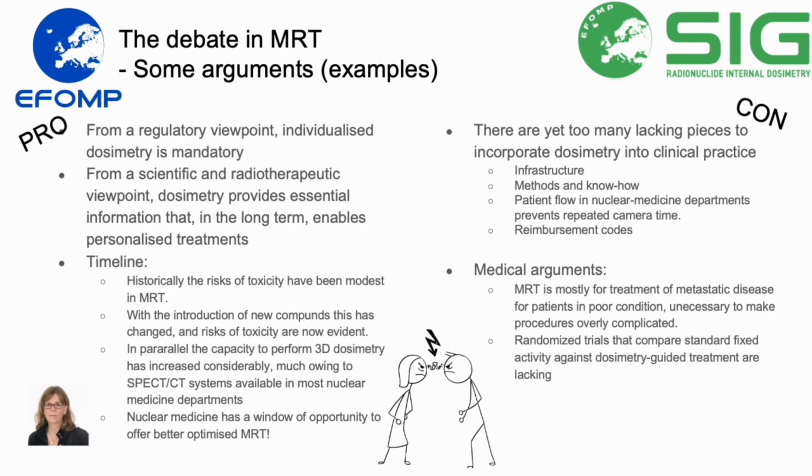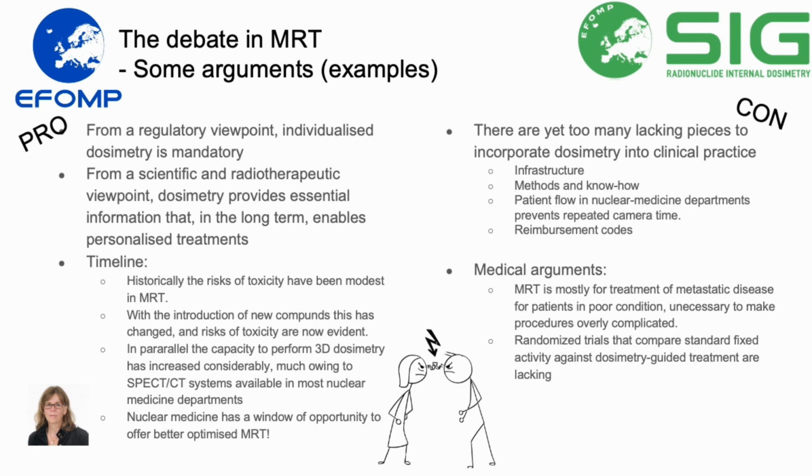And in parallel, the capacity to perform 3D dosimetry based on SPECT-CT systems has increased considerably. So on the good side, we believe that nuclear medicine has a window of opportunity to offer better optimized MRT. On the other hand, there are yet many lacking pieces to incorporate dosimetry into clinical practice.